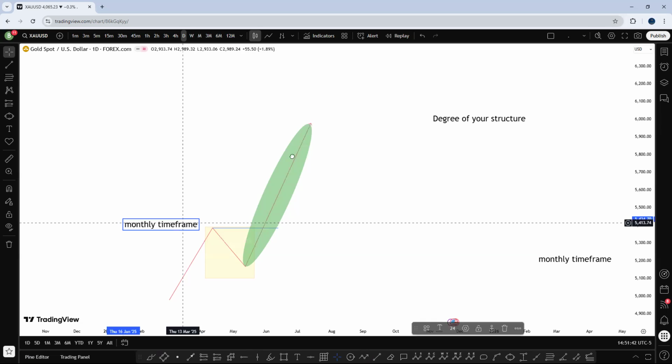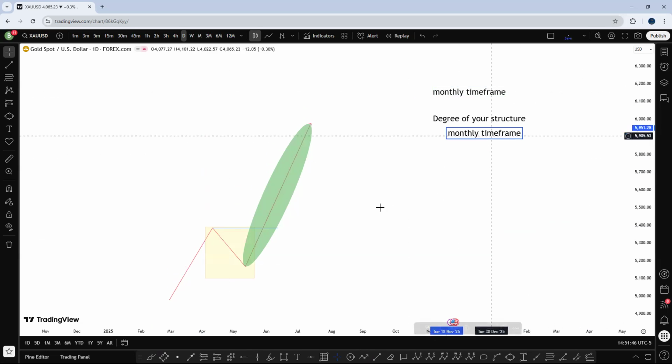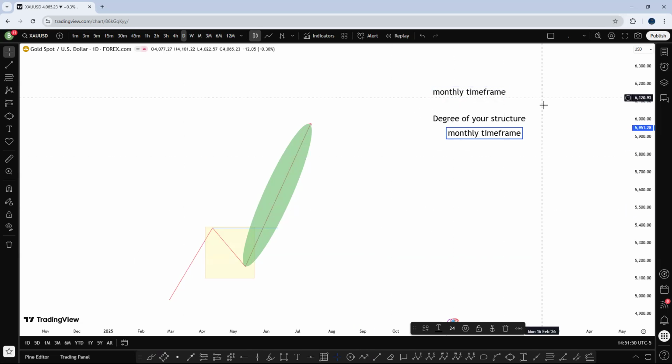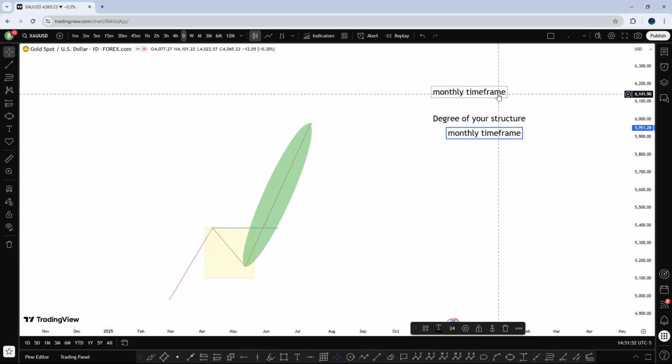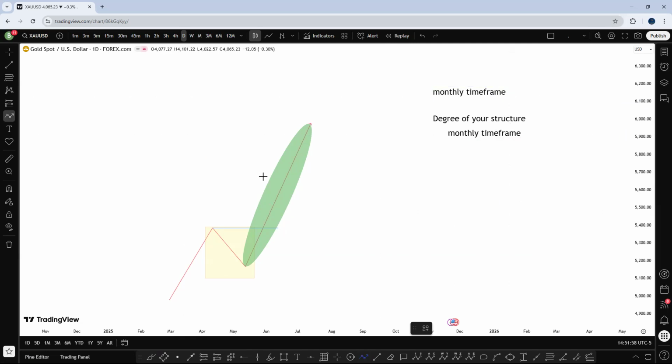You have to change to a lower time frame. This is what we call consecutive time frame analysis. You switch from monthly to weekly, and from weekly to daily, to see what kind of structure the market is exactly using to create the trend.